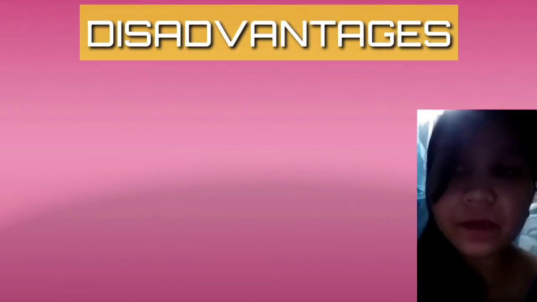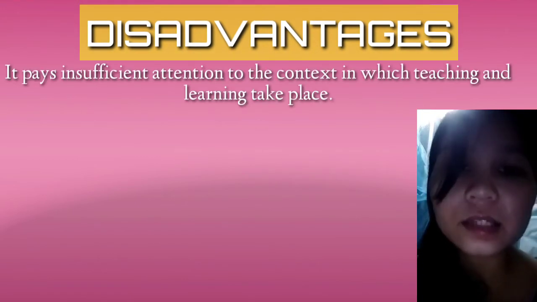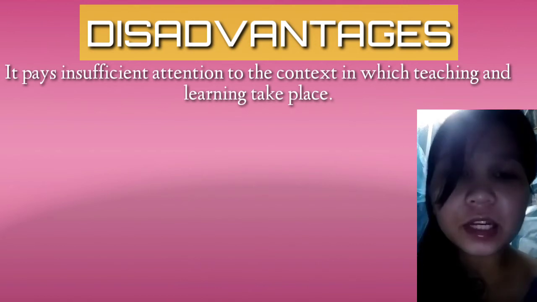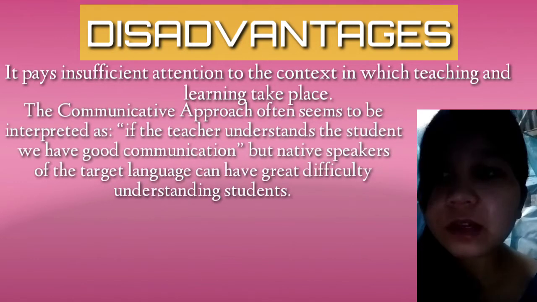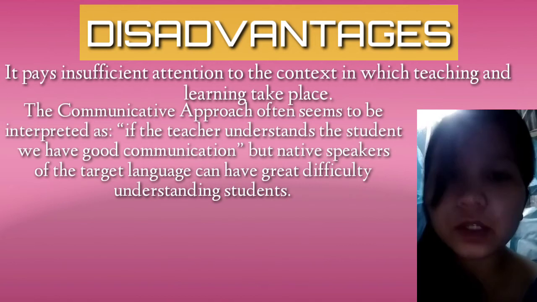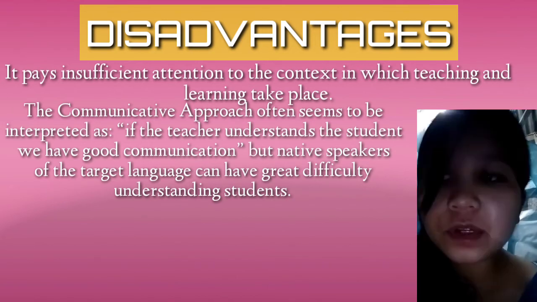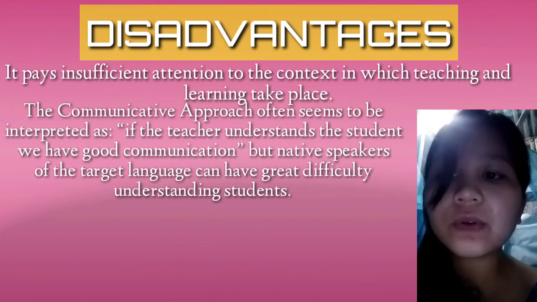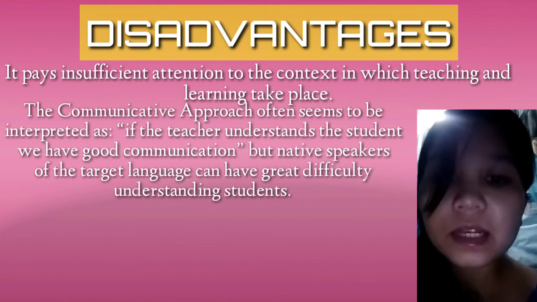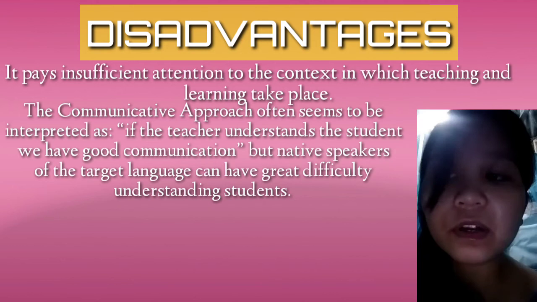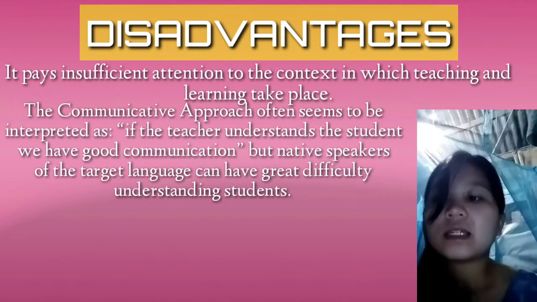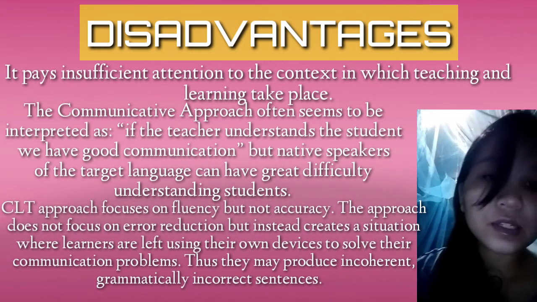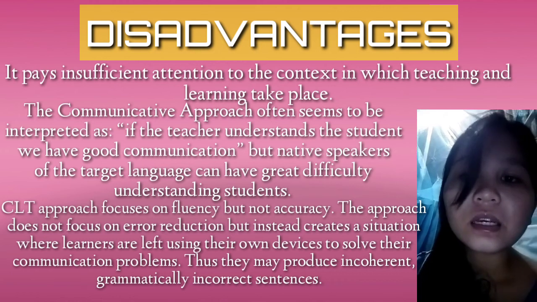It pays insufficient attention to the content while teaching and learning take place. The communicative approach often seems to produce students who have good communication, but native speakers of the target language can have difficulty understanding them. The approach focuses on theory but not accuracy.